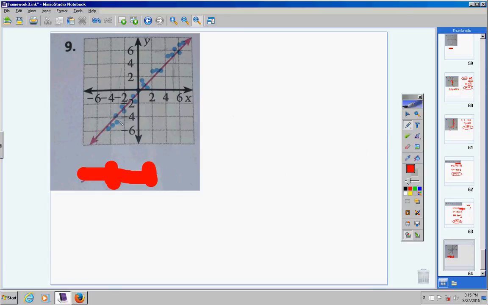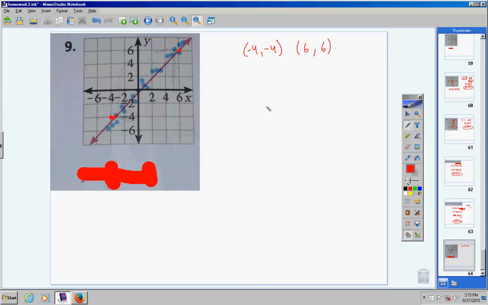Now, I like to look at points that are real close to the line that are on each end. So I'm going to grab this point here, real close to that ordered pair there. That's going to be 6 comma 6.